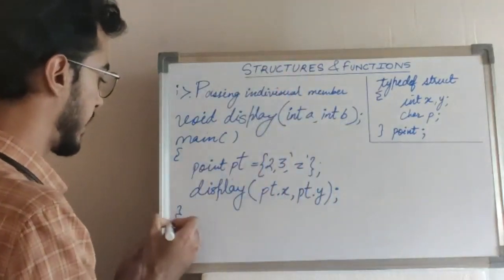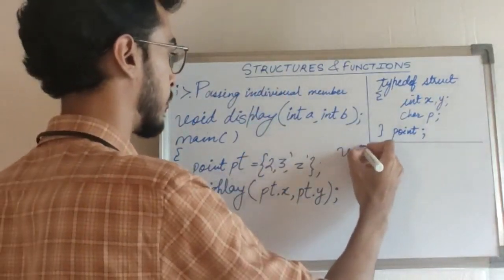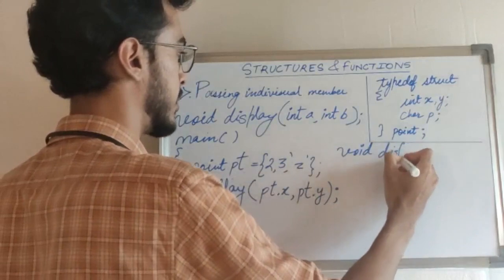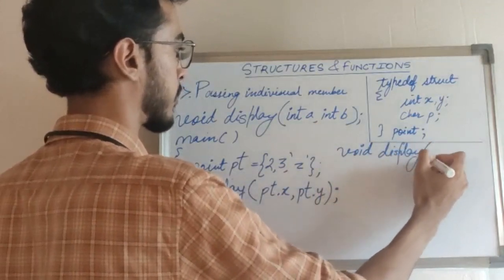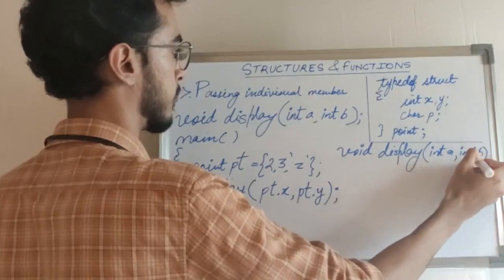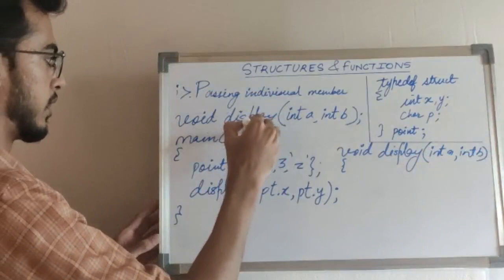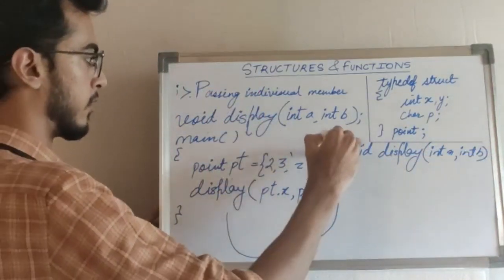That's it, so the main is okay. Now I will write down the definition for my user defined function display. The flow of the program is like this: this and then this thing.